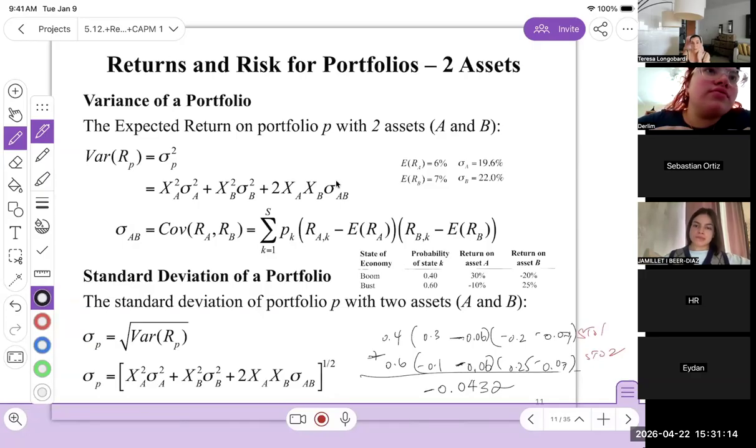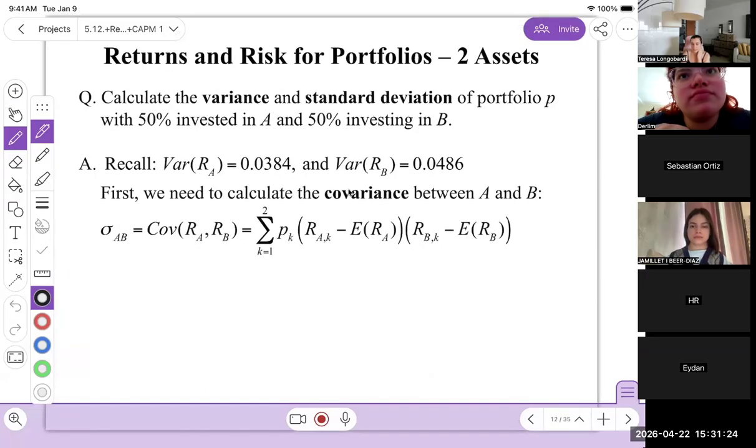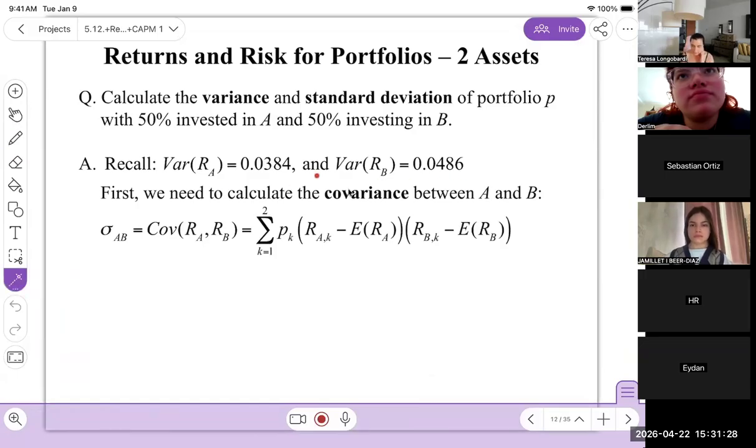Now we're going to put it in here and calculate the variance. Then you take the square root. So you guys are going to check that. Using the variance as opposed to the square root of the variance is better.